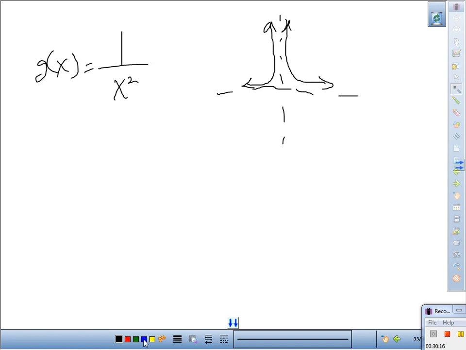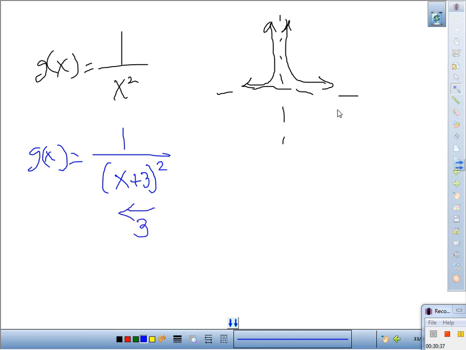Why are you doing that, Mr. Q? So I can show you the transformations. G of x equals 1 over x plus 3 squared. Tell me what's going to happen to this whole thing, including the asymptotes, according to that transformation. It's going to move it how many steps to the left? 3 steps. The whole thing.